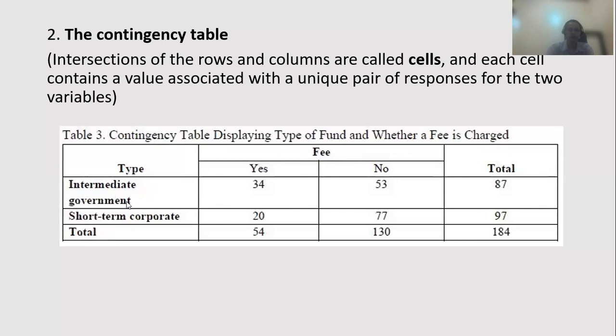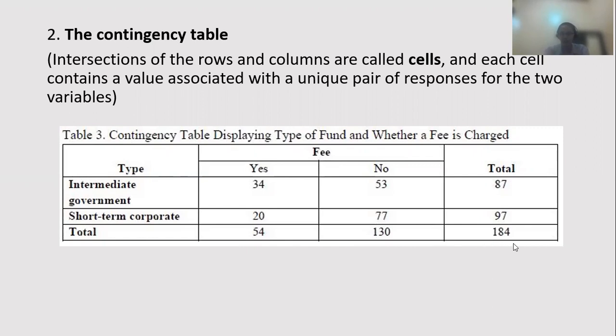So the intermediate government type of fund has 87 responses. And if you're looking at the column, whether the fee, you focus on this column only, regardless of the type of fund, whether the fee is charged or not. The fee is being charged for 54 in total, and no fee, there are 130 responses in total.